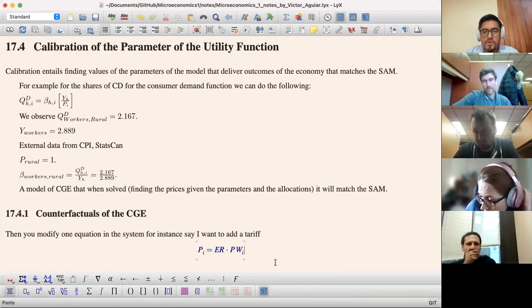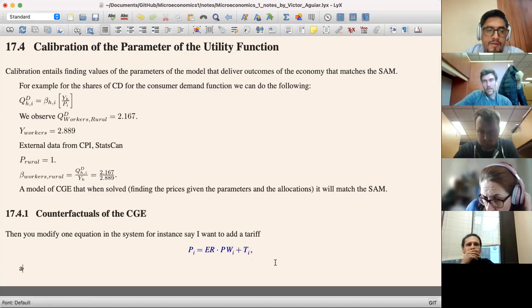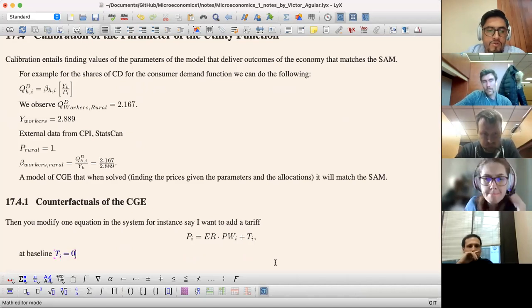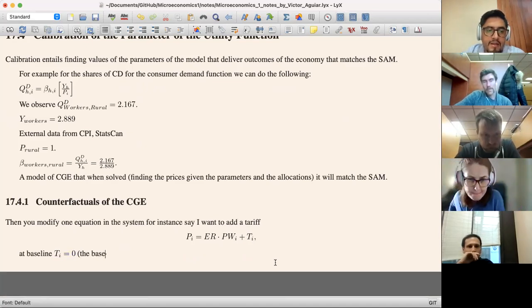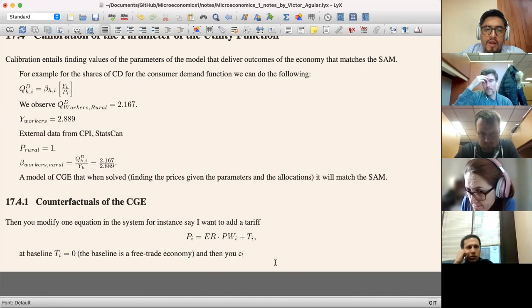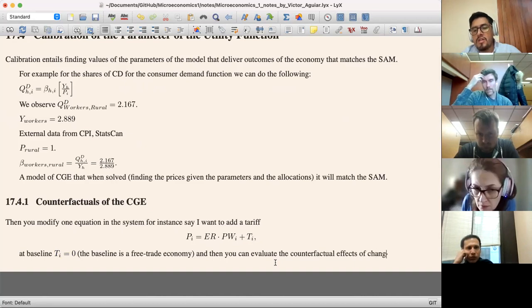So here you're adding a tariff, TI, and now this TI becomes a new parameter. Evidently, at baseline the tariff is equal to 0, so the baseline is a free trade economy. And then you can evaluate the counterfactual effects of changing the tariff.